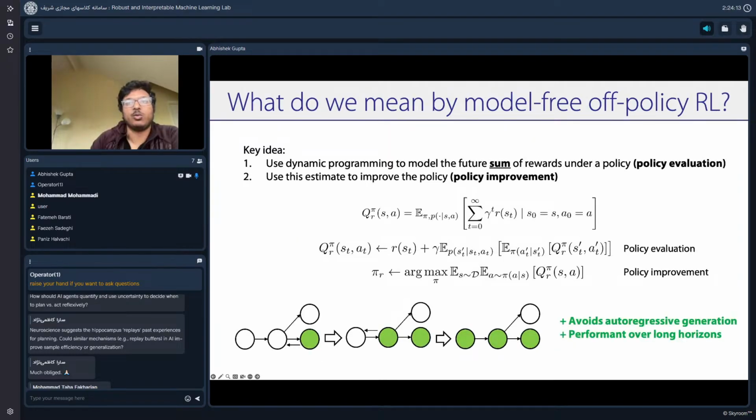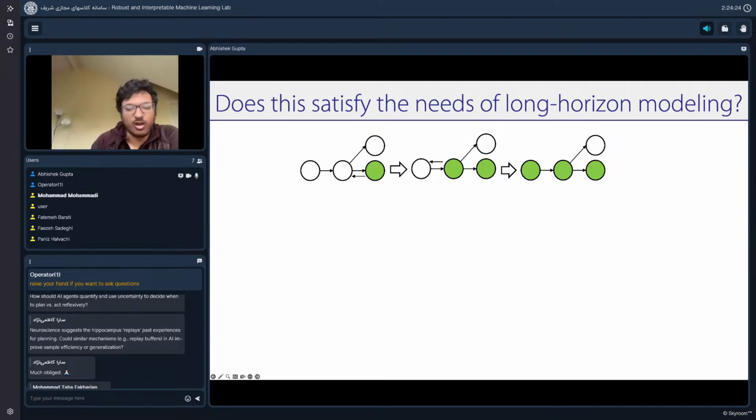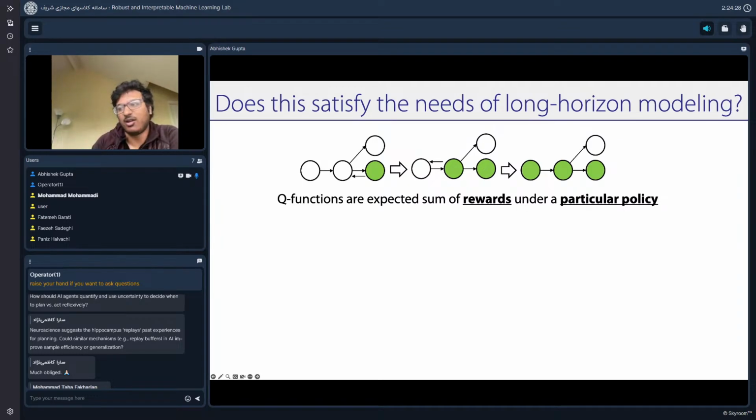Okay, so we want to think about how to use ideas from model free off policy RL to build a new class of world models. Right now, model free off policy RL is great, but Q functions are not unsupervised, they're not general purpose. Q functions represent the sum of rewards under a particular policy.